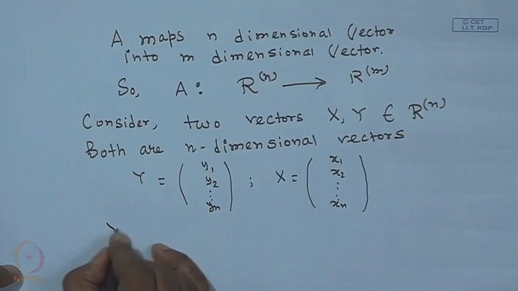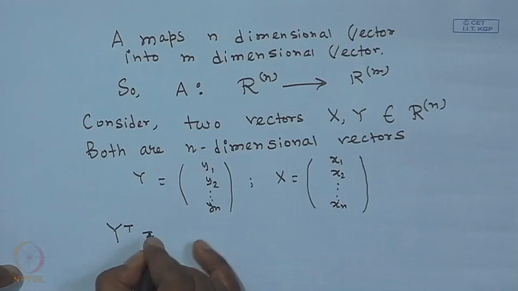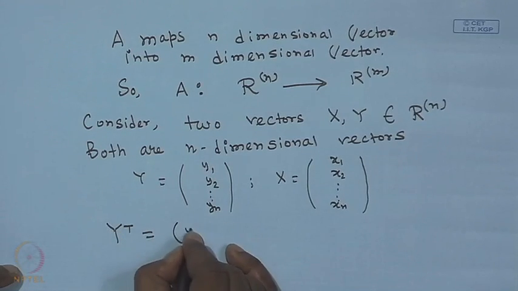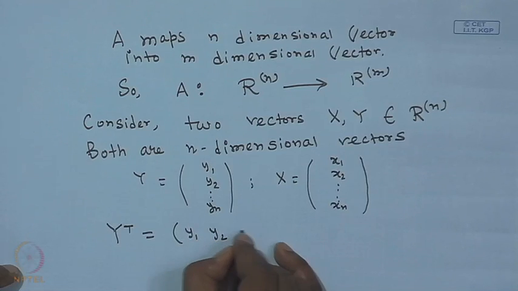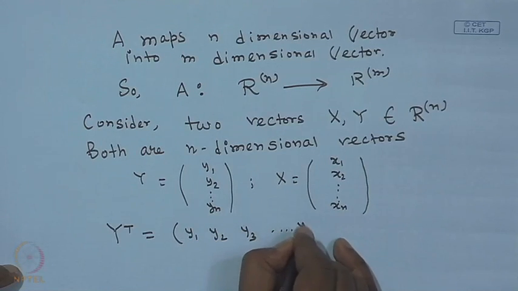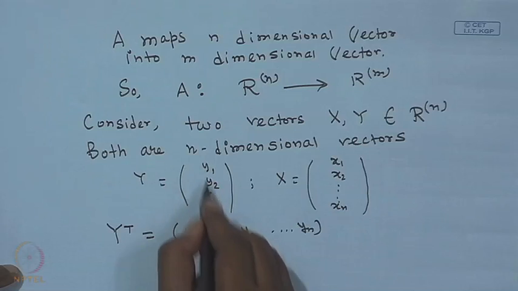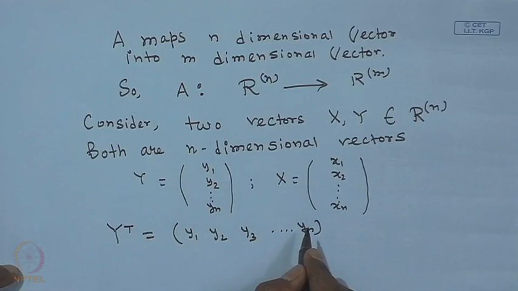Then what is y transpose? Y transpose is y 1, y 2, y 3 up to y n. The column becomes row in case of transpose.